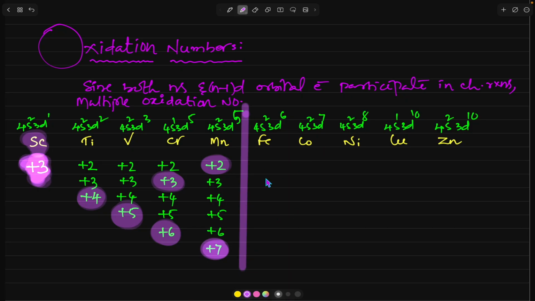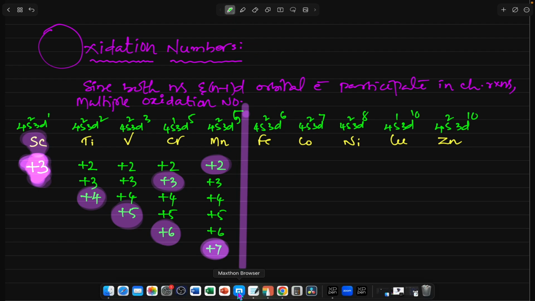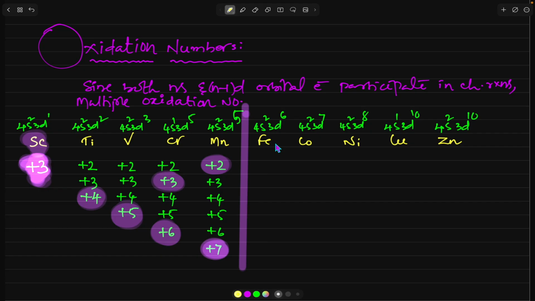After the 5th, in iron, the stable oxidation numbers are +2 and +3. For cobalt, +2, +3. For nickel, only +2 is possible. For copper, we have +1 and +2. For zinc, only +2 is possible, right?